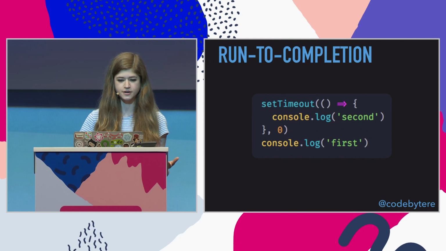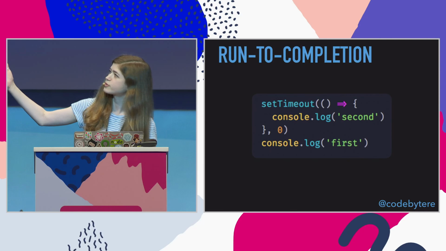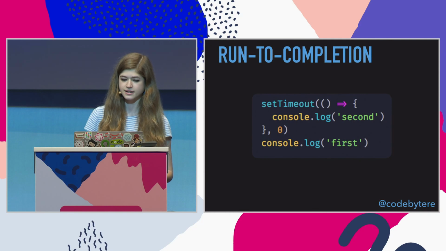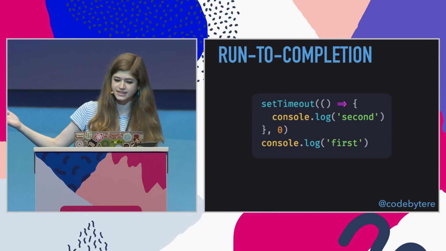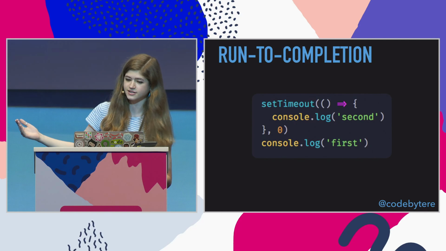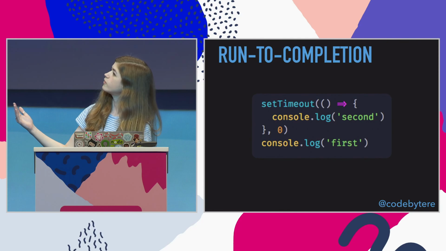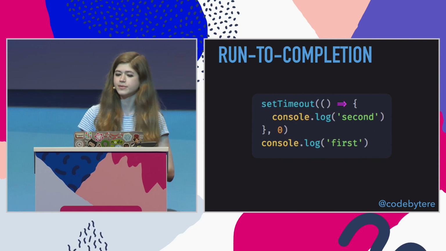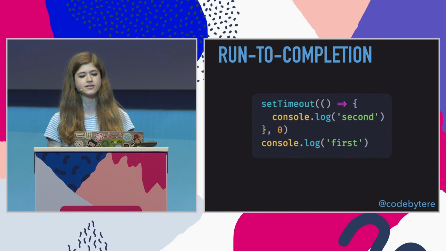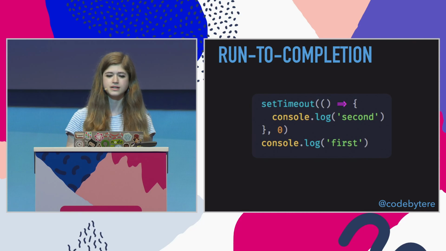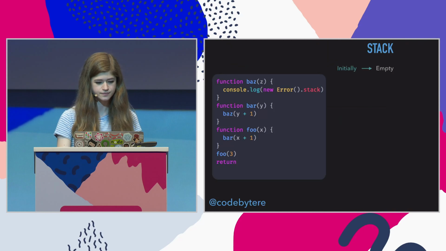Looking at the code here, running this will always print first and then second, because the function starting in setTimeout is added to the task queue immediately, but is only executed after the current piece of code is done, since it yielded control.